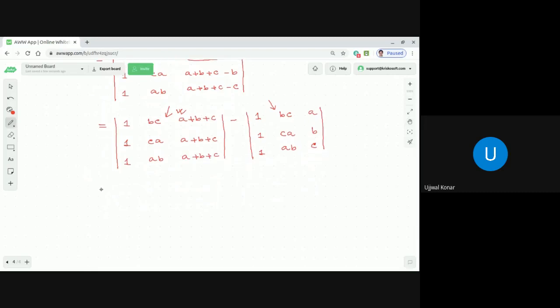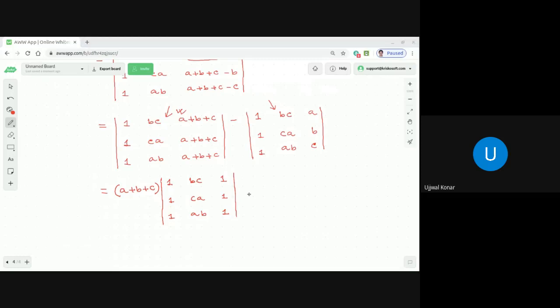But in your entrance exam, you don't need to do all this step by step. In board examination, it is required, but in entrance examination, it is not at all required. So we can take A plus B plus C common from the third column of the first determinant. Then what we get? 1, 1, 1, then BC, CA, AB, then 1, 1, 1.